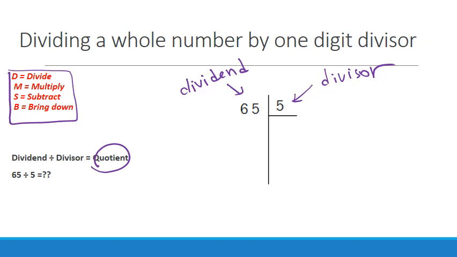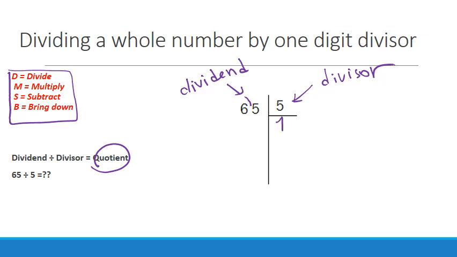First you divide, then you multiply, subtract, and bring down. So the first step is to divide. So I take the 6 and I divide. 6 divided by 5. Or in other words, I'm asking myself, how many 5s are there in the 6? What's the number you multiply by 5 to get 6 or less?